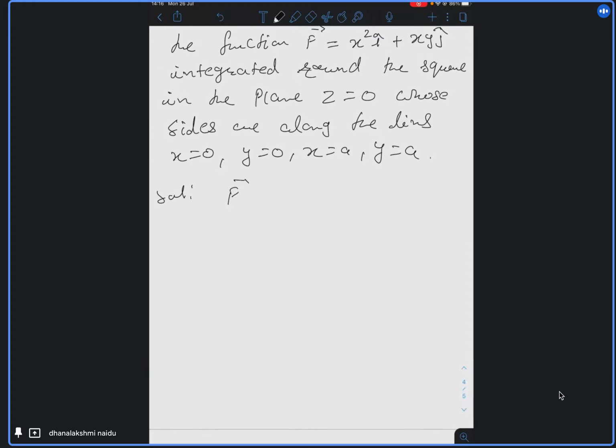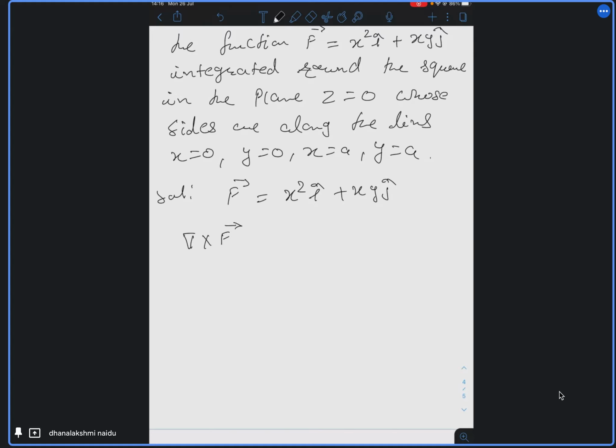Here f bar is given as x square i plus xy j. By Stokes theorem, you know that the line integral of f bar dot dr bar is equal to the surface integral of del cross f bar dot n bar ds. So first we will calculate del cross f bar.